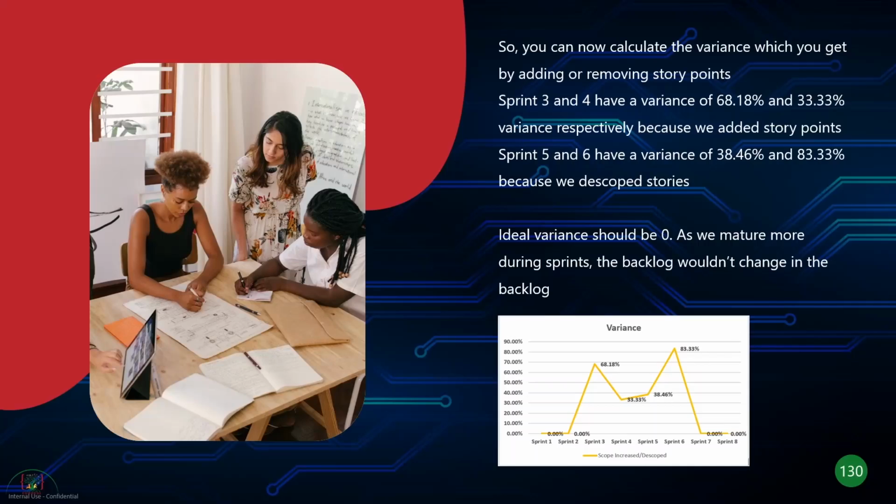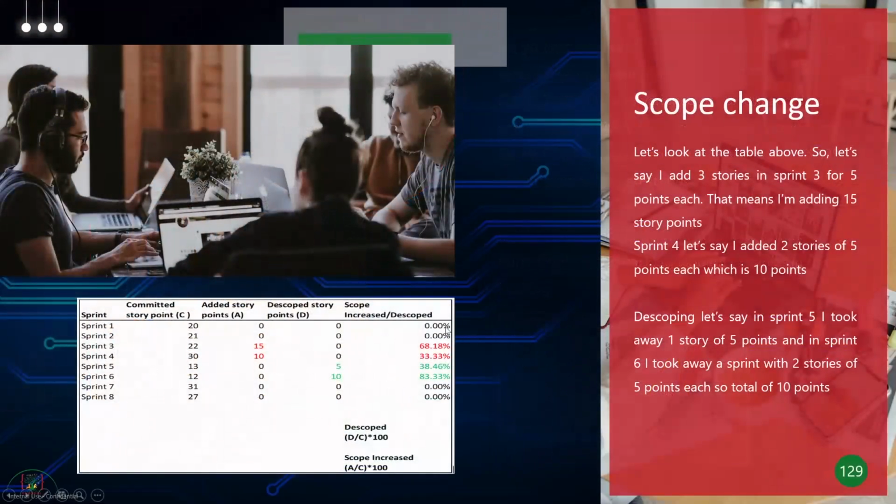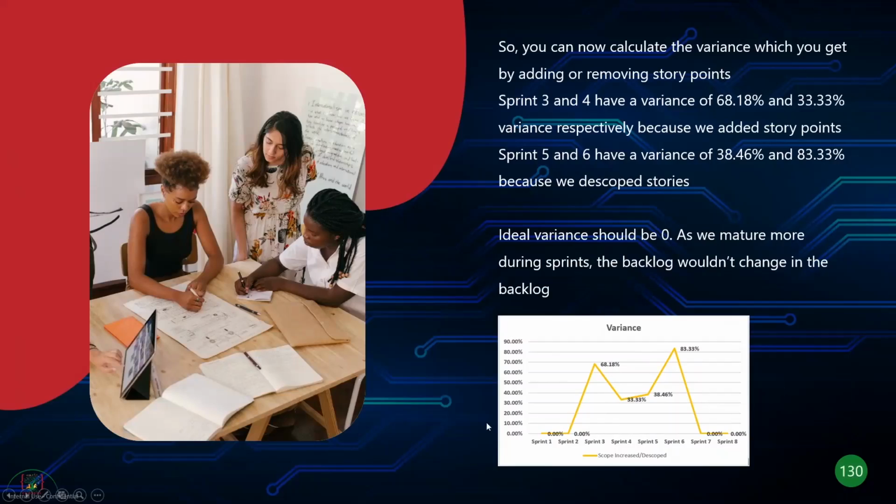So if you want to chart the descoping and adding with respect to variance, you can do that. If you look at the previous table, this was my increased or descoped story points. I chart this as a variance here. So sprint 1, sprint 2, 0%. Then we added some stories in sprint 3, it went to 68%.